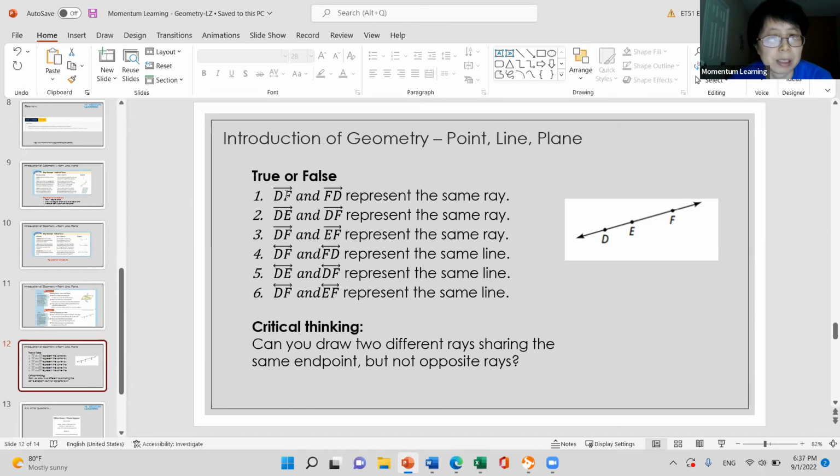That's a ray. DF and FD represent the same ray. True or false? Think about endpoints. How do we name the ray? We emphasize this a lot: you have to start with the endpoint. True or false?